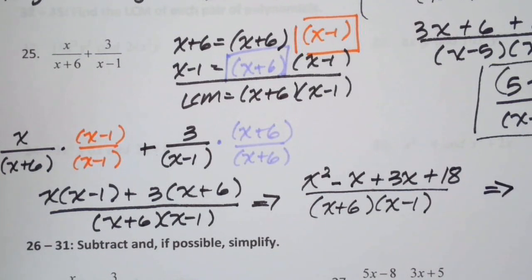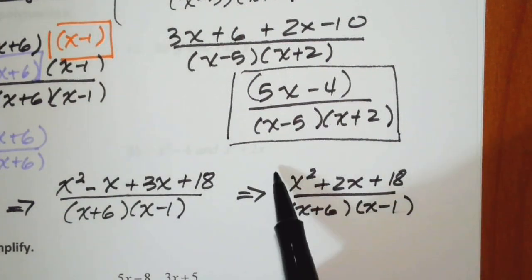So this gives me x squared plus 2x plus 18 divided by x plus 6 times x minus 1.